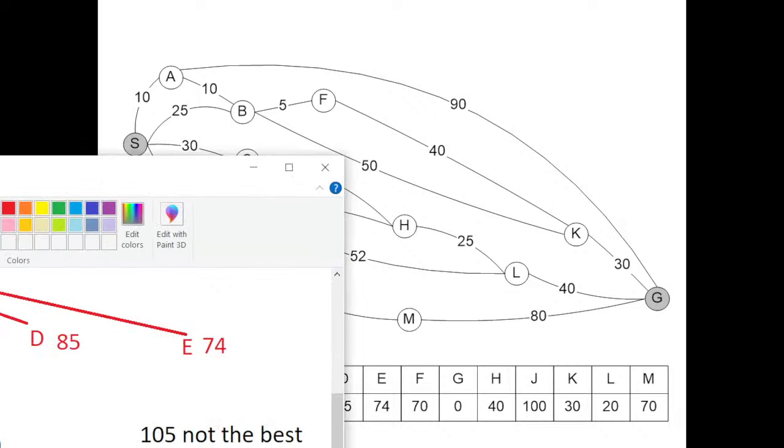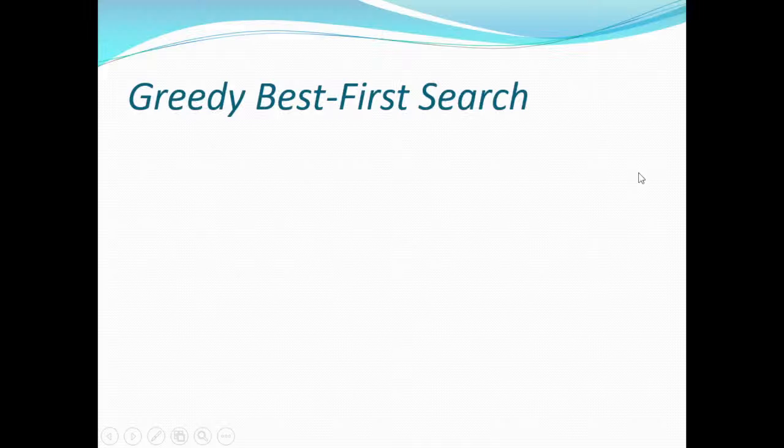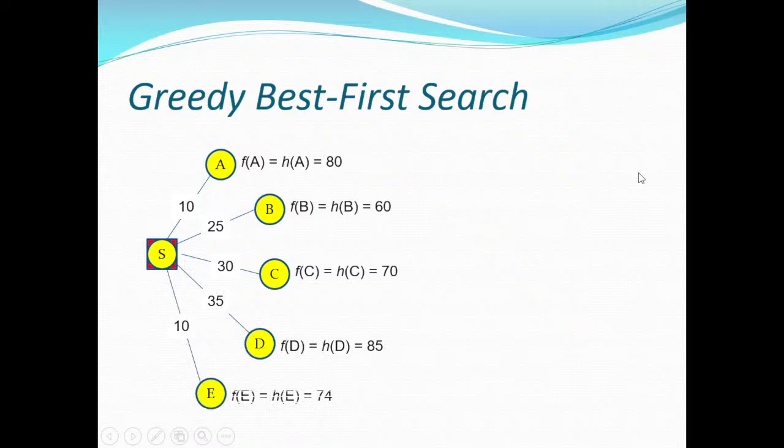So as you can see, using the greedy BFS, we won't be able to find the best solution. Our solution is not always the best solution. That's the property of the greedy BFS. This is the illustration.